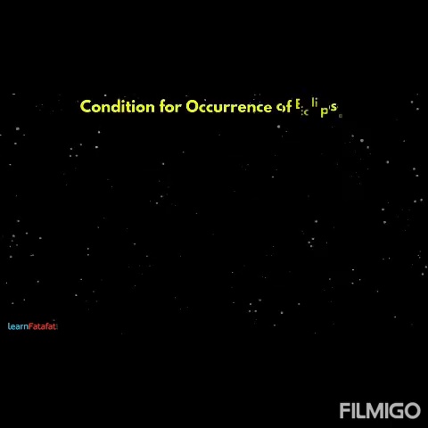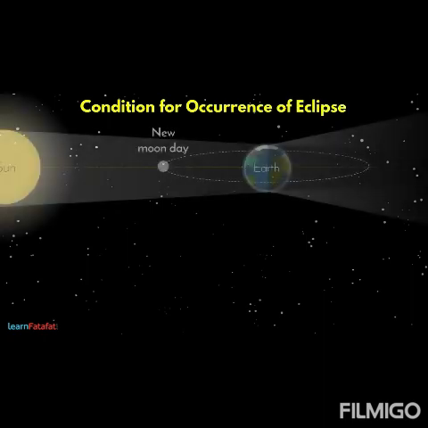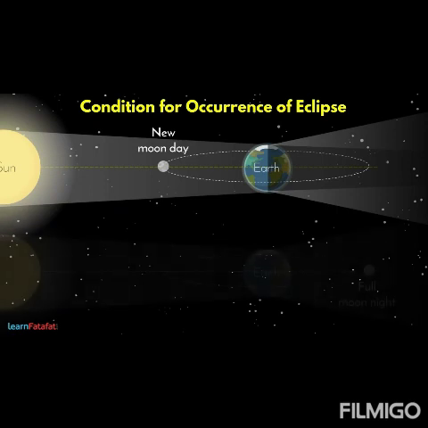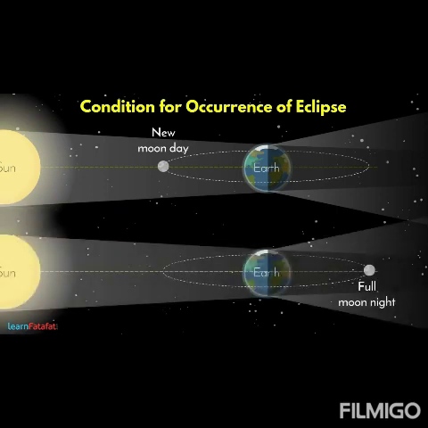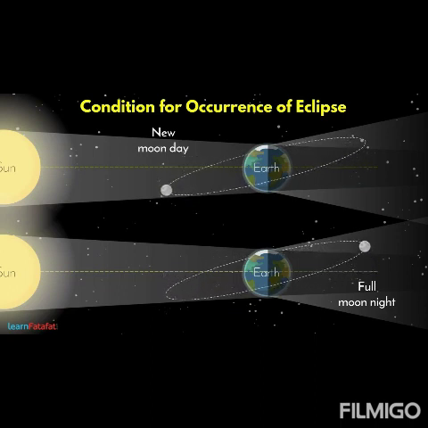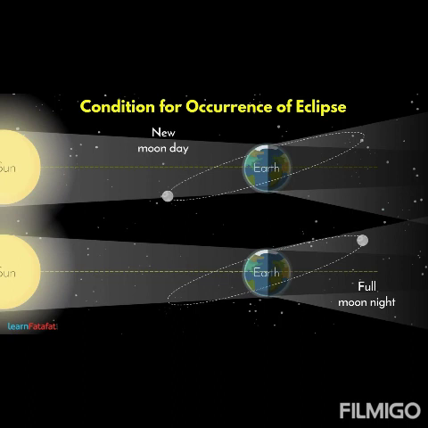The most important topic is the condition for occurrence of eclipse. Now, when do eclipses occur? It does not occur on every new moon day, neither on every full moon day, even if they are in the same line. Why is it so? It is because the orbital path of the moon is also tilted. On every new moon day, the moon does not cast the shadow on the earth.